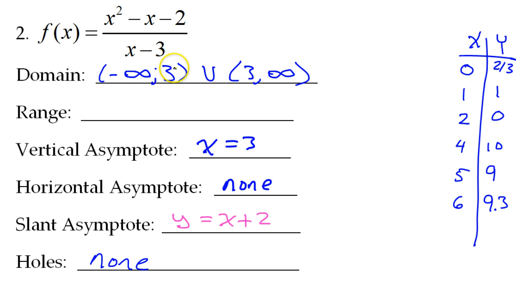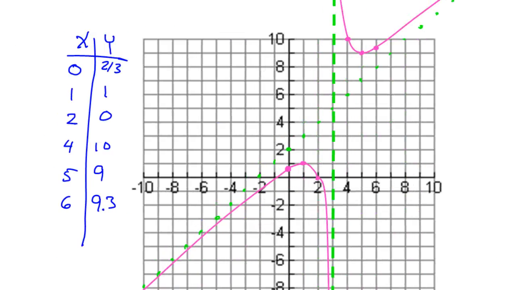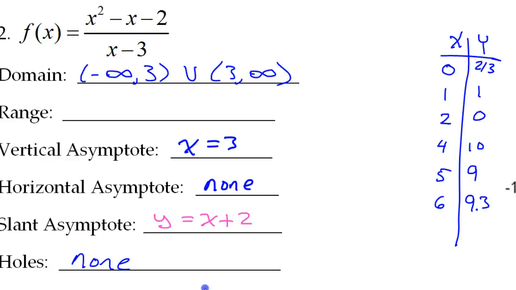And of course we will leave the 3 in parentheses to show that we are not including the 3. It's the asymptote. It can't be touched. Can't touch this.